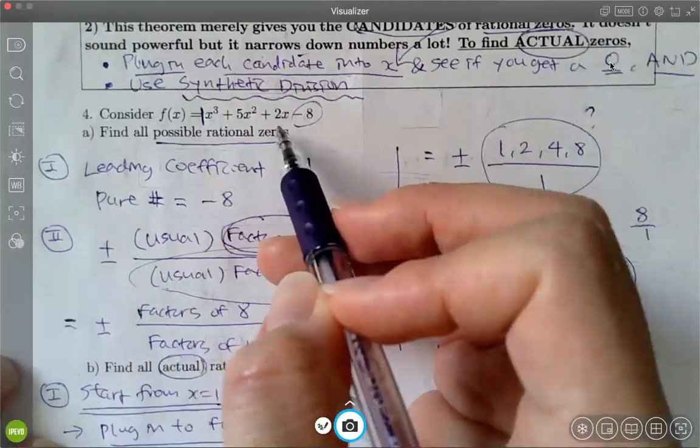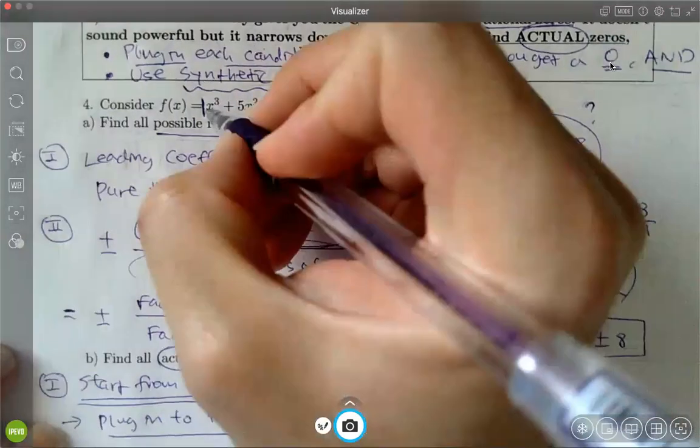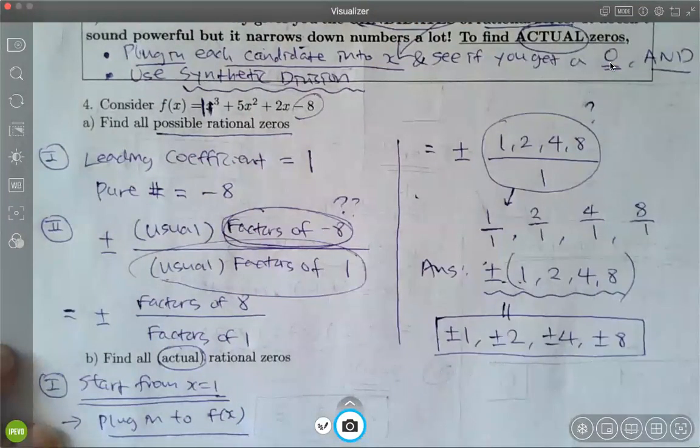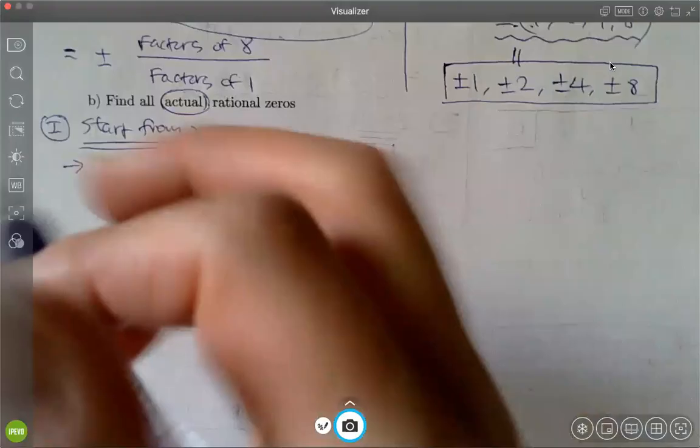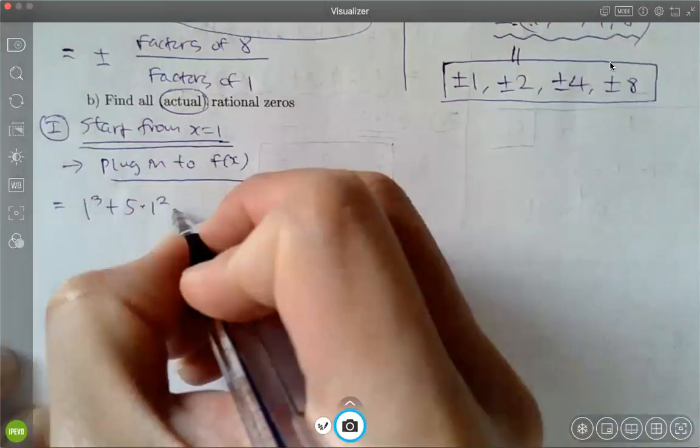Now when you plug in x equals 1, what do you get? It's 1 cubed plus 5 times 1 squared plus 2 times 1 minus 8.